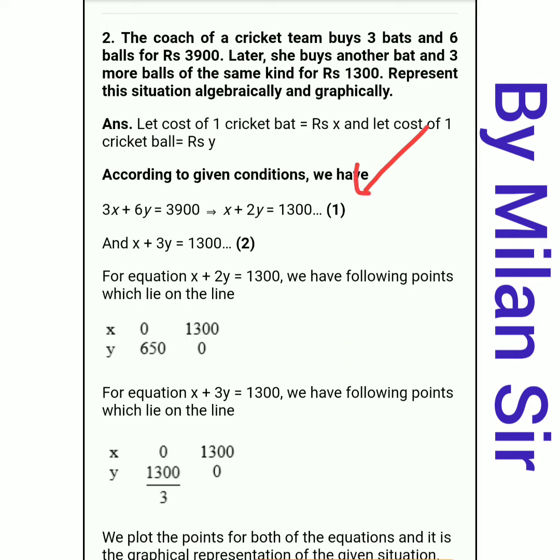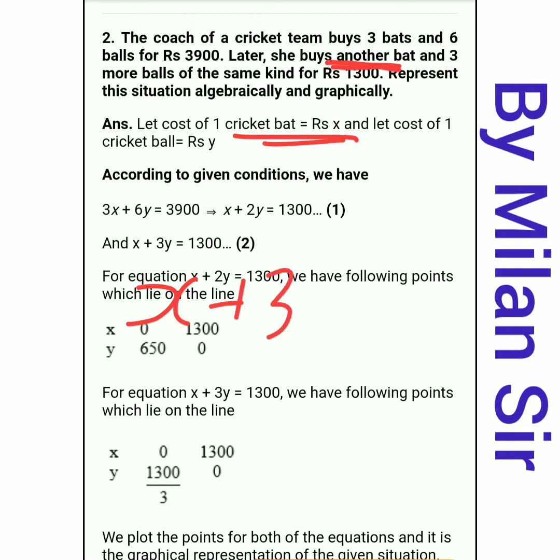Now the second thing. First of all, she buys 3 bats, right? Later she buys one another bat and 3 more balls of the same kind for rupees 1300. So another bat means one more bat, so that one bat price is x, plus 3 more balls.